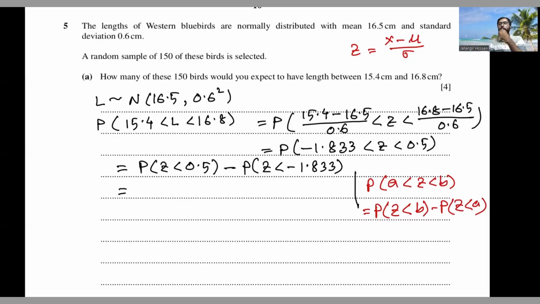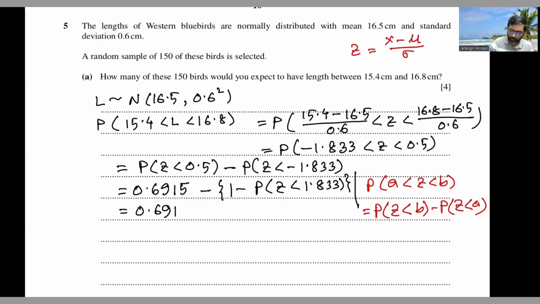So Z less than 0.5 is 0.6915, minus Z less than negative 1.833, which is 1 minus probability Z less than positive 1.833.